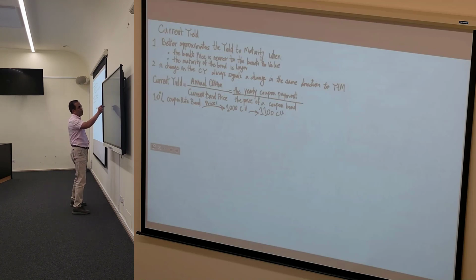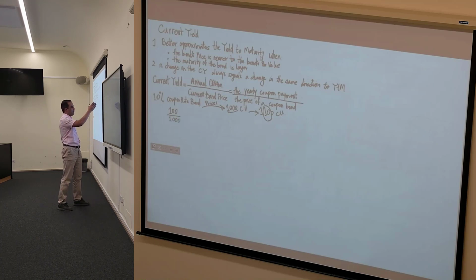Okay, so we have the 100 over this 1,000. Okay, the annual coupon over the current bond price. That is the 10%.